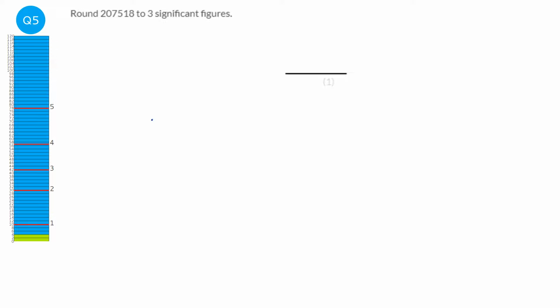I'm going to start just by writing down the number. We're asked to round this to 3 significant figures, and basically that means starting from the left-hand side, it's 3 numbers that we want. So 1, 2, 3, and we do our line after that third number. You start counting at the first non-zero digit. The first digit there was 2, so we started counting.